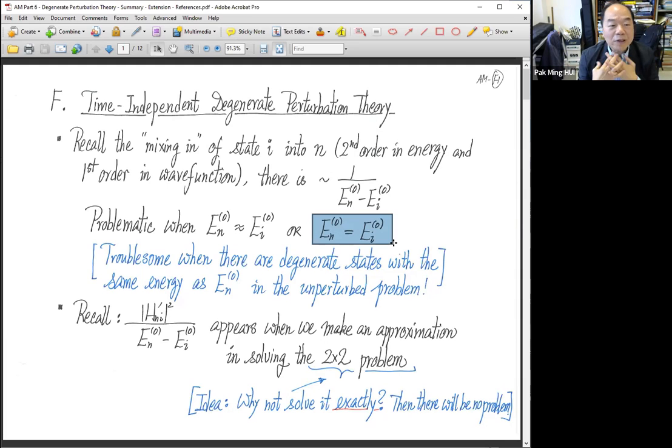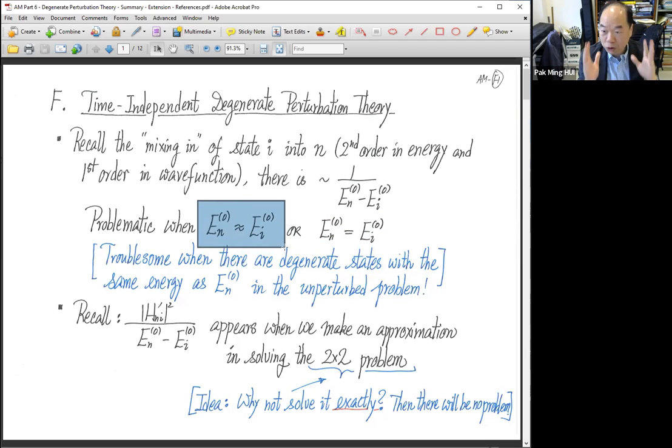But I would say, in general, you don't need to wait for this situation. Even if you see some other state I with eigenvalue very close to n, you should be careful already.